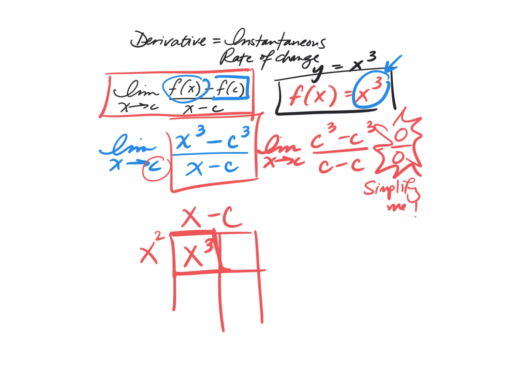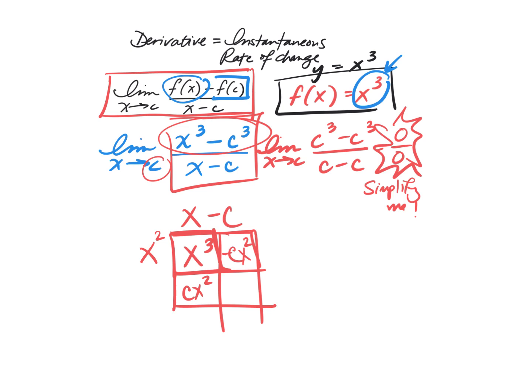That's how I get my x cubed. So then over here, my dimensions are x squared by negative c, or the opposite of c, so that's negative cx squared. Now, when I go up here, I notice that I don't have any cx squared terms, so I need to get rid of that. To get rid of that, I would just have the exact opposite.